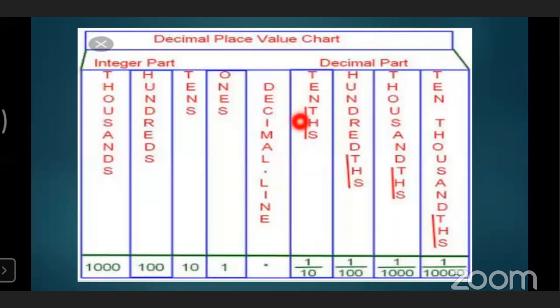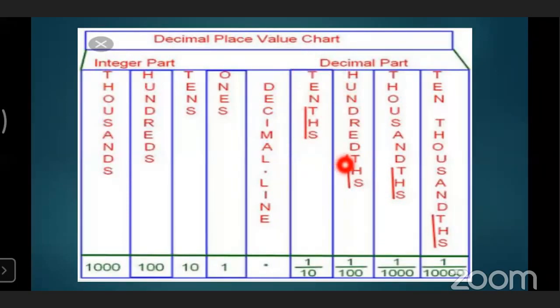This is the first decimal place. Tenths is the first decimal place. Check the spelling. See, T-H-S, tenths. And here is tens. Tens is different and tenths is different. So this is the first decimal place after the unit place, after the decimal point.